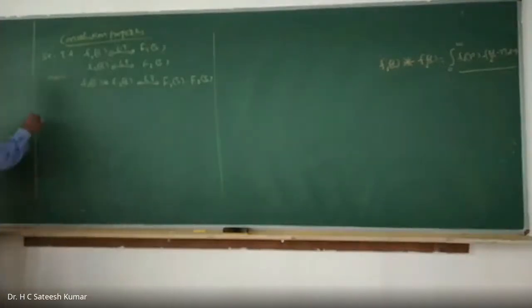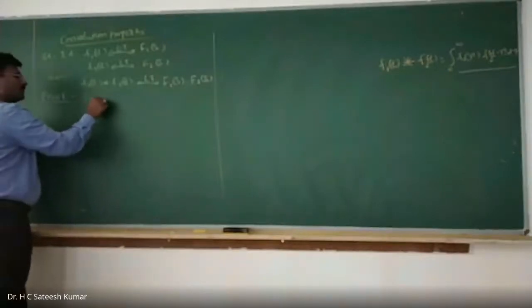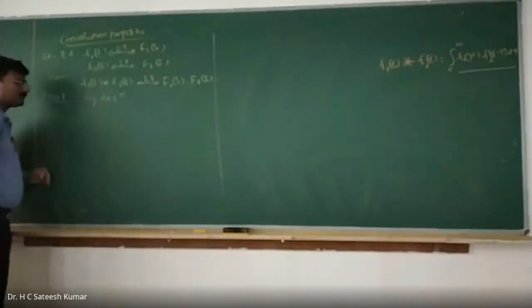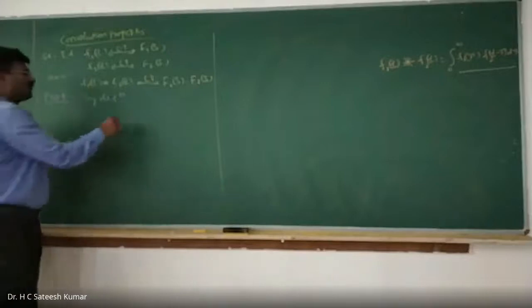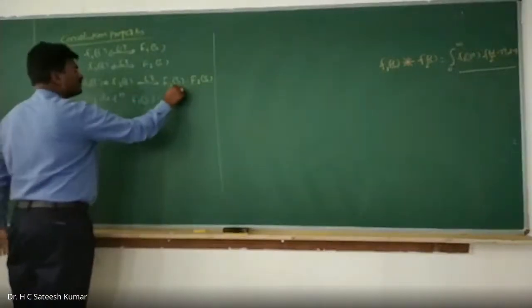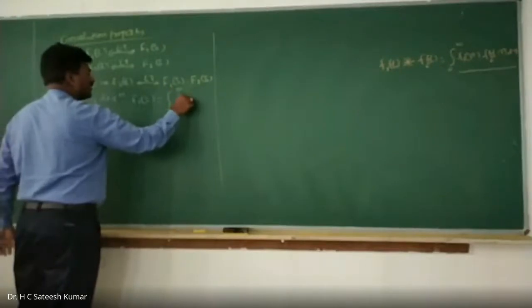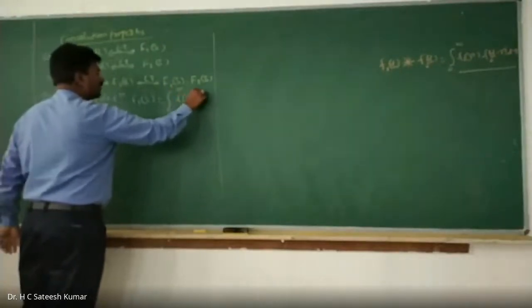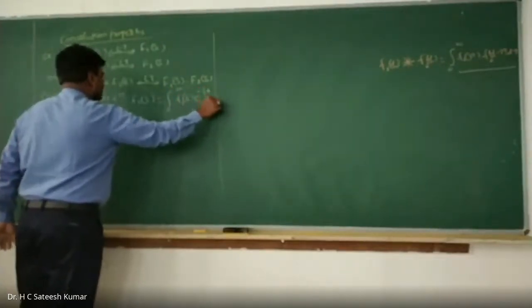Proof. Okay. By definition, F1 of s is equal to integration from 0 to infinity f1 of t into e to the power of minus st dt.